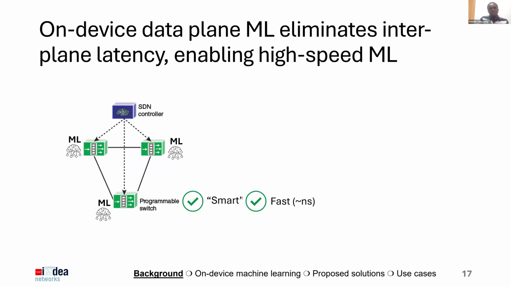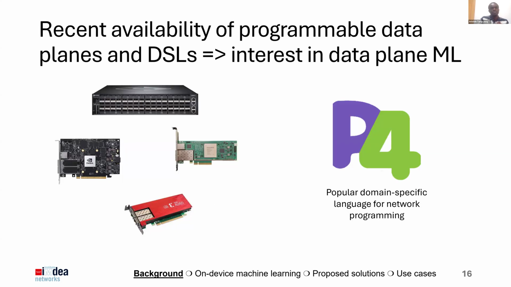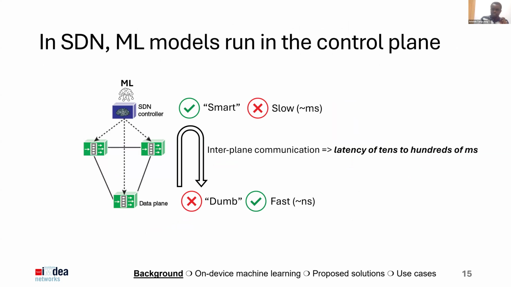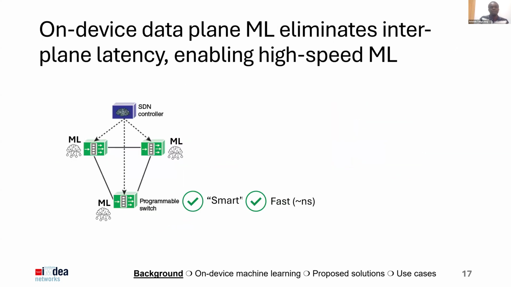If we are able to achieve this, it means that we are going to transform this programmable switch, which we previously labeled as being dumb in quotes, into something that is smart, because it can now run inference on the traffic going through it. So instead of just forwarding the traffic, it can run some traffic classification model on this traffic, and then forward the traffic according to the decision from the model. And this reduces a lot the delay that you would have had if you had to send these things to the control plane before making an inference decision.